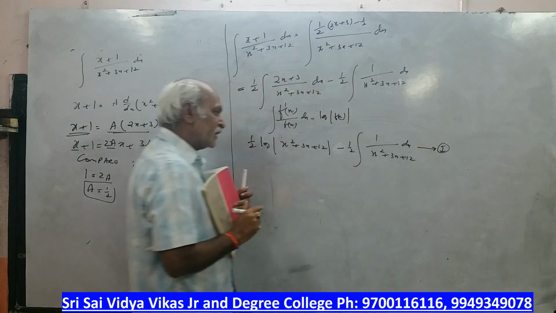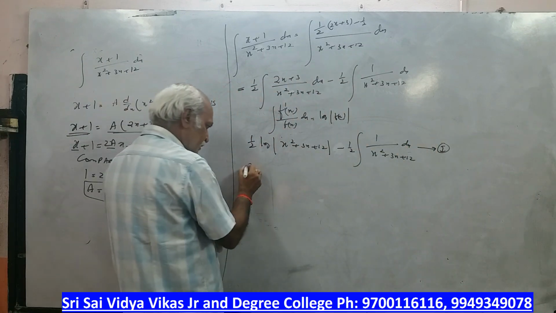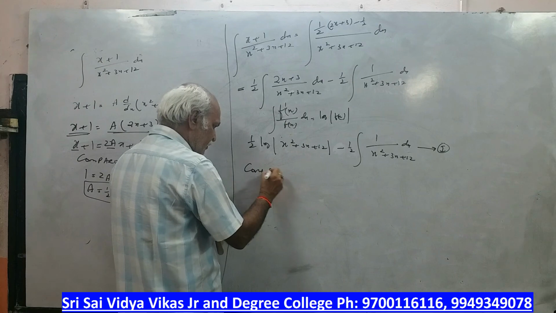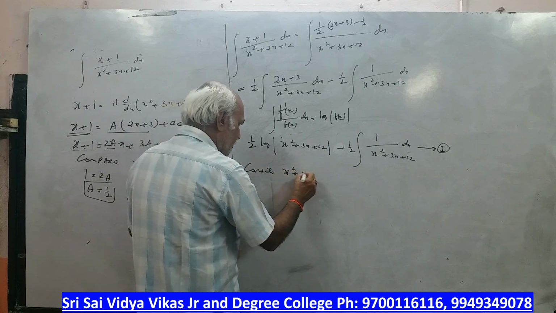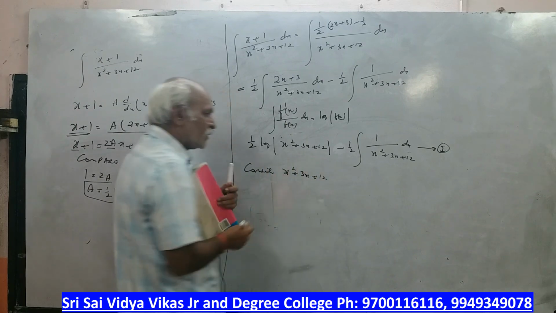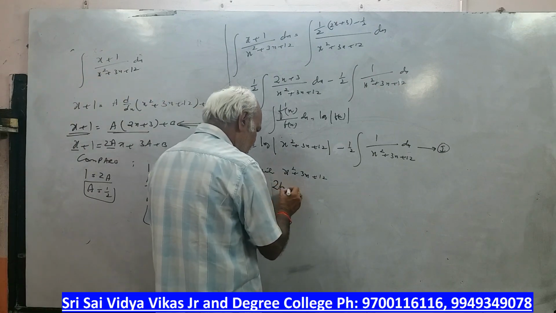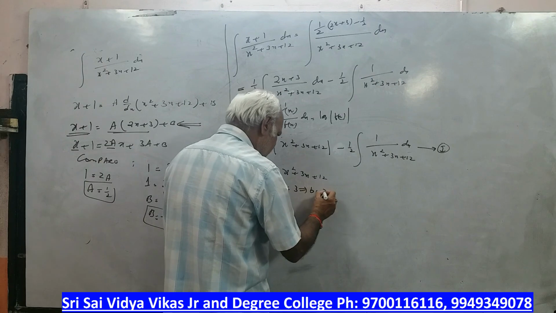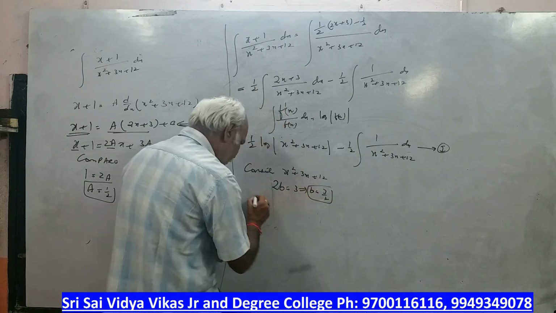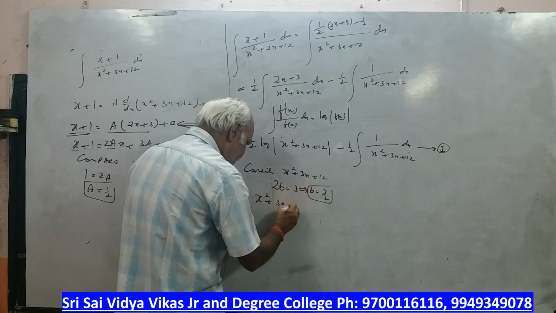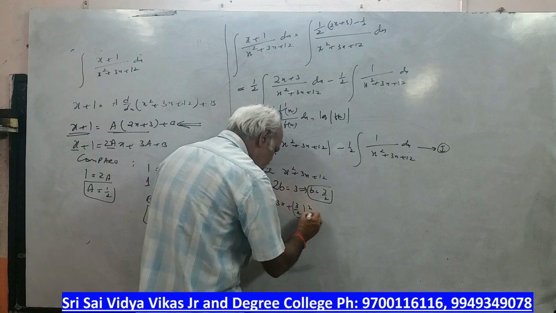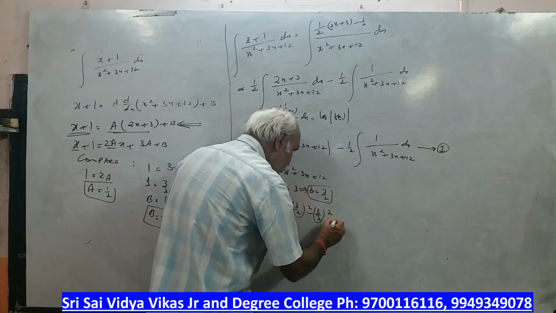Now we have to find the integration for this. Again, consider x square plus 3x plus 12. What I have considered is x square plus 3x plus 12. So what is the 2b value? 3. So the b value is 3 by 2. Therefore x square plus 3x plus 3 by 2 whole square minus 3 by 2 whole square plus 12.